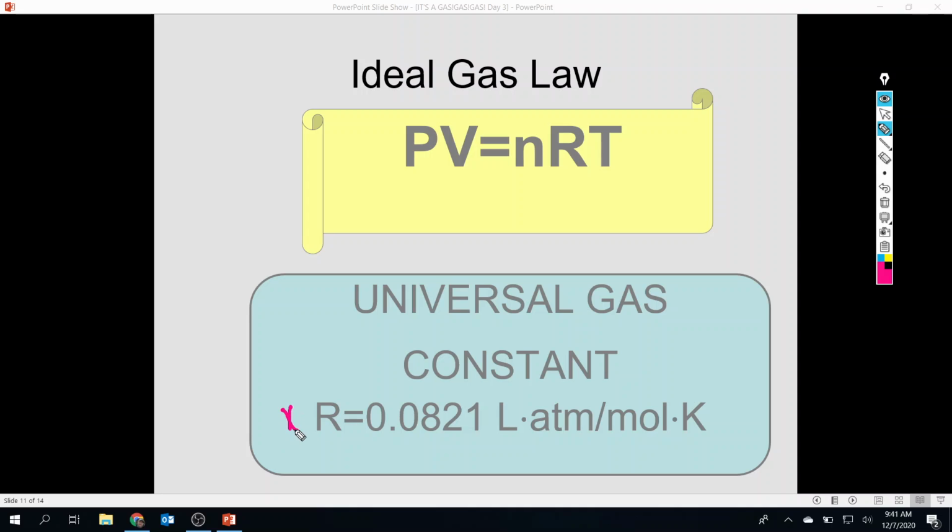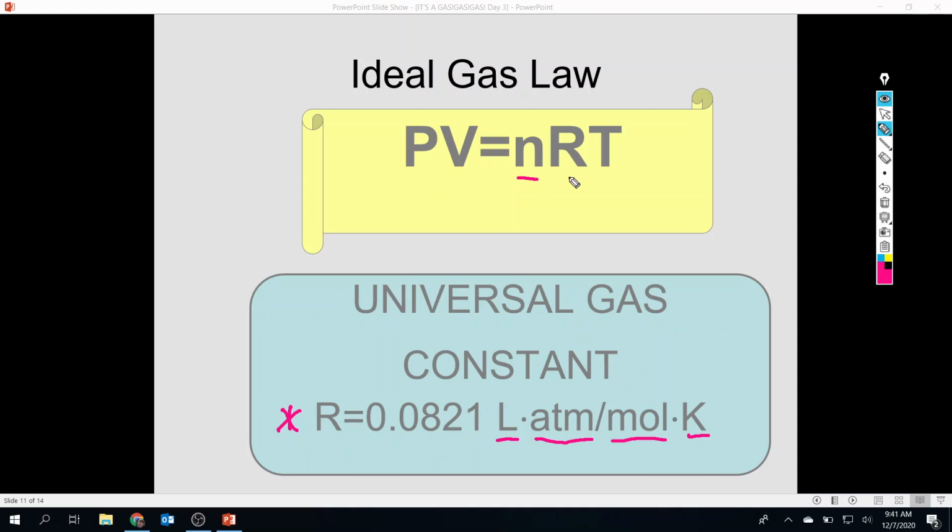is the value for R. It is 0.0821, and this only works if you have your volume in liters, your pressure in atmospheres, your quantity in moles, and your temperature in Kelvin.